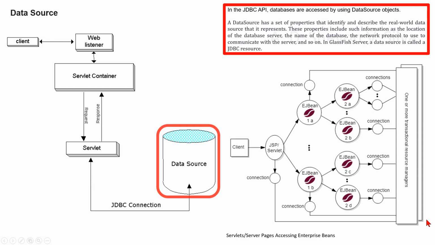A Jakarta EE product that includes both the Servlet Container and an enterprise bean container must support a transactional application comprised of a combination of web application components accessing multiple enterprise beans within a single transaction.